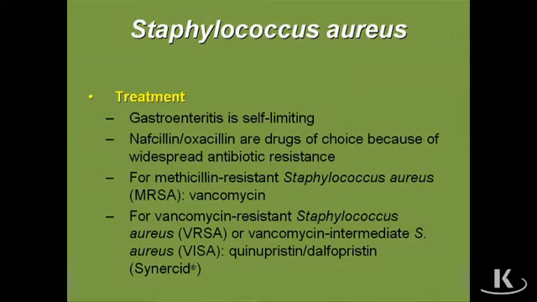Now, we are also starting to develop resistance to the next line drug of choice. So you have a patient that has MRSA, all right? You know it's MRSA. They may tell you it's MRSA. What's the next line of treatment? Next line is Vanco. You're going to go with vancomycin, okay?